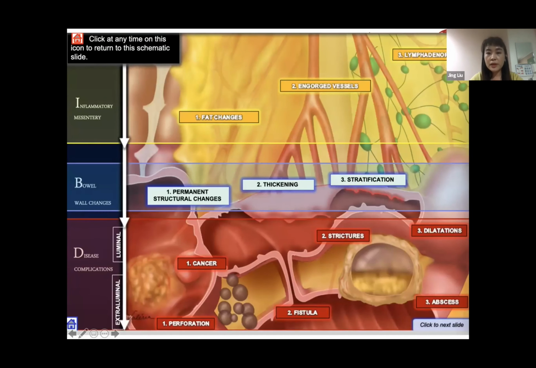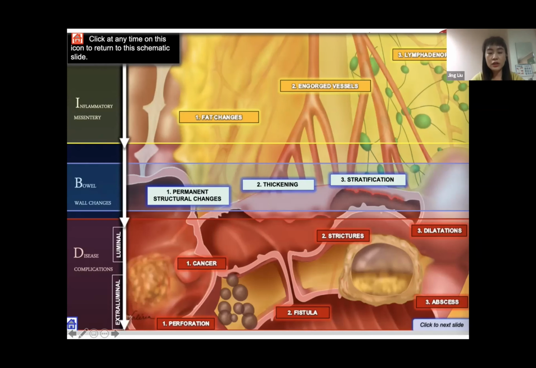So this picture depicts almost all the possible changes for IBD, especially for Crohn. First, the inflammatory mesentery changes include the fat changes here, engorged vessels, and swelling of the lymph nodes.